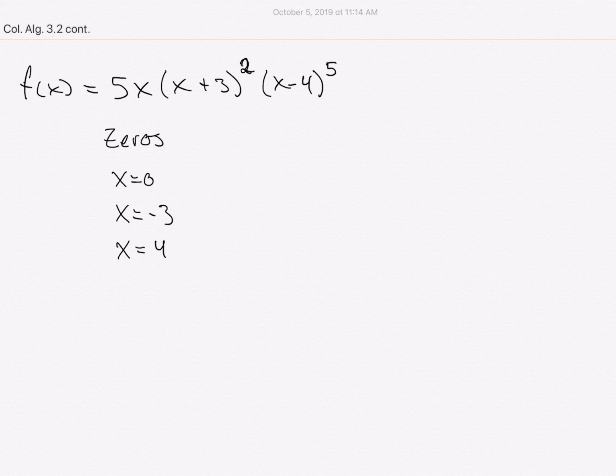The multiplicity of these zeros: the first one has a multiplicity of 1, -3 has a multiplicity of 2, and the x value of 4 has a multiplicity of 5, and those are coming from the exponents.